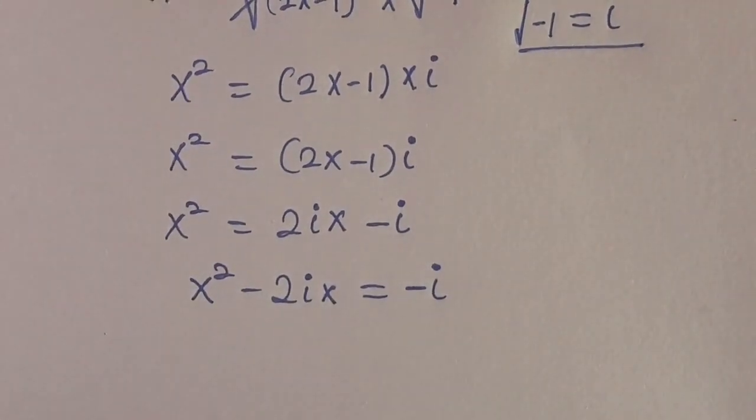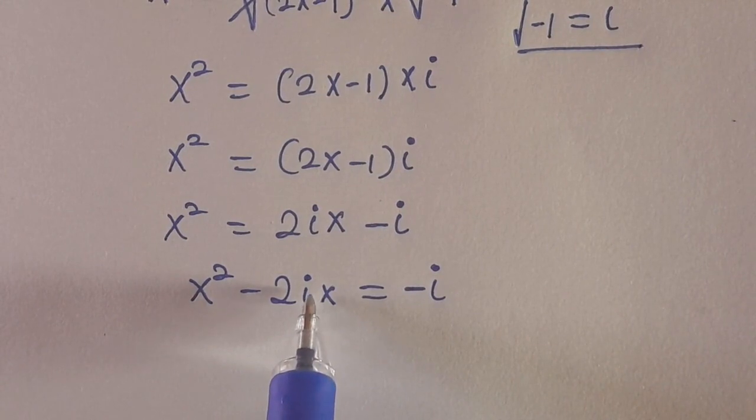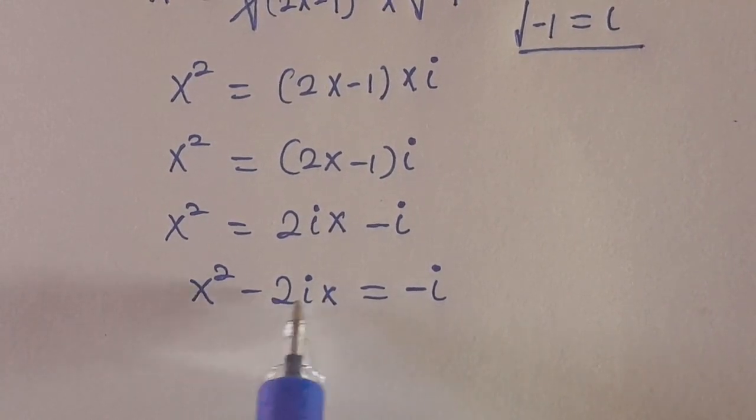Mind you, to make the whole of this a perfect square, we take half of the coefficient, square it, then add it to both sides.